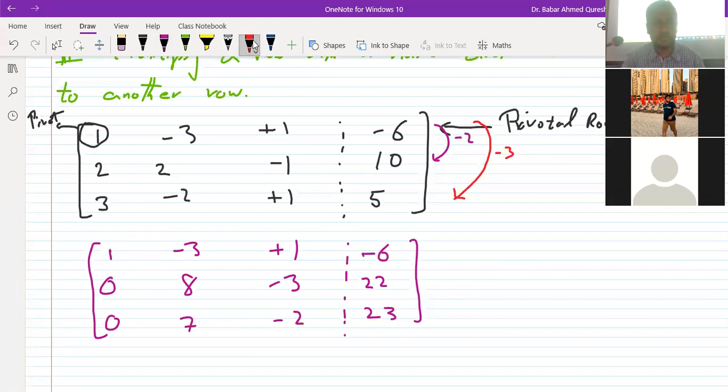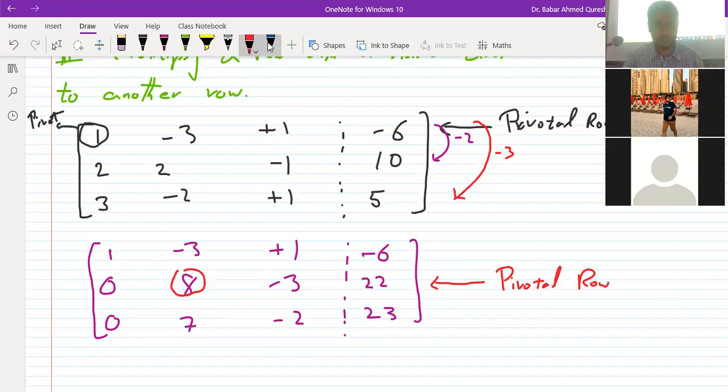So now you say that I'm going to leave this as it is. The first row is already in the correct form. Now this is my pivotal row. And this is my pivot, this guy. I'm going to multiply this row by something and add to the next row so that this becomes 0.